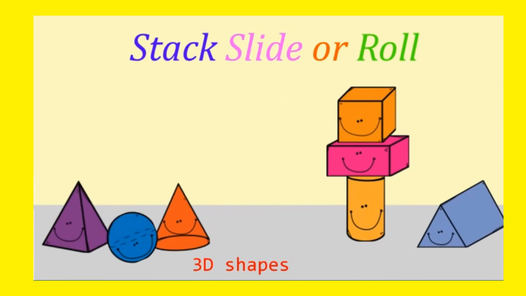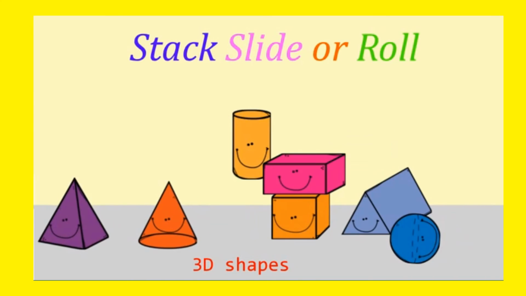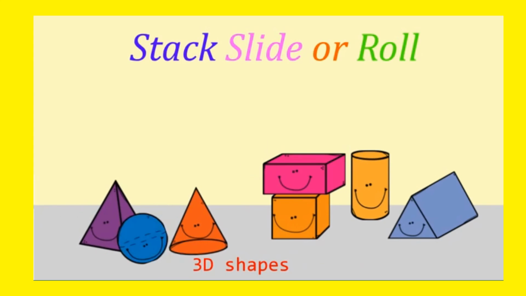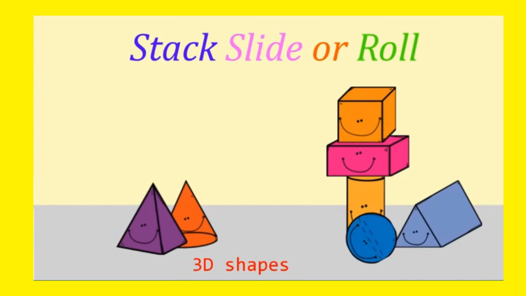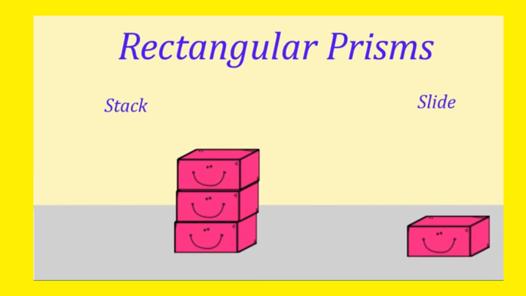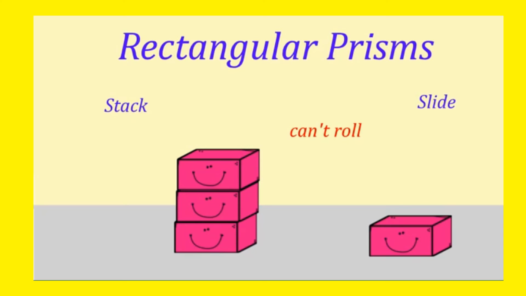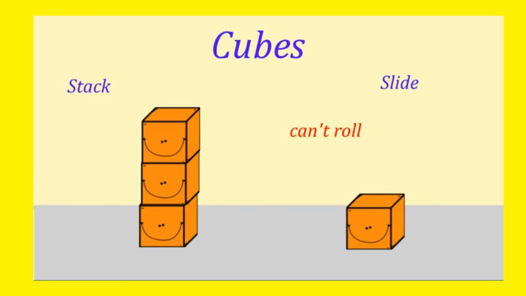Stack, slide or roll. 3D shapes, they can stack, slide or roll. Rectangular prisms, they can stack and slide, but they can't roll. Cubes can stack and slide, but they can't roll.